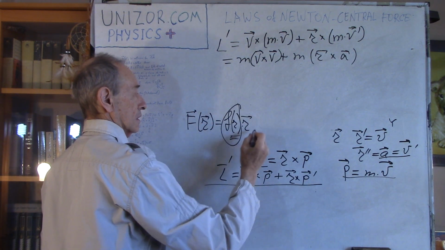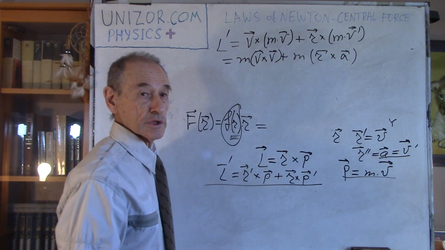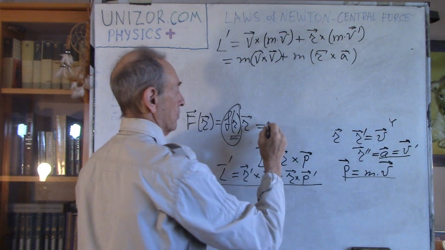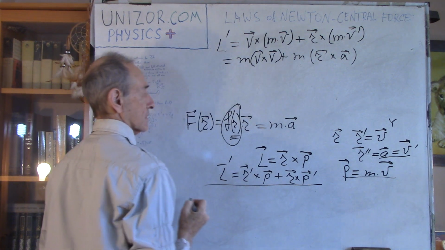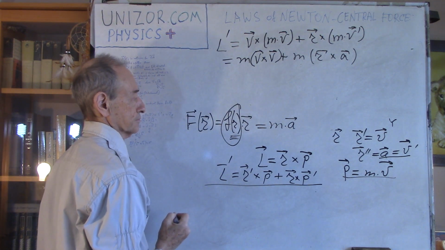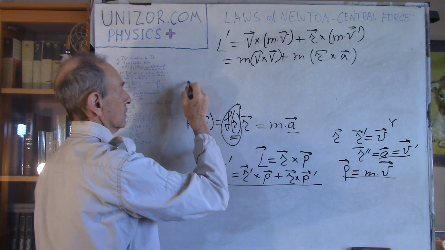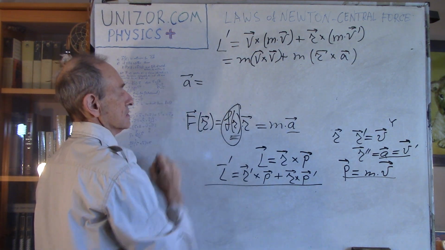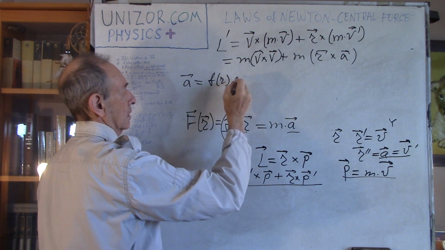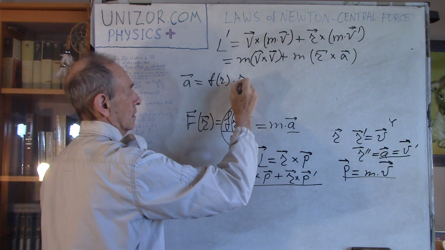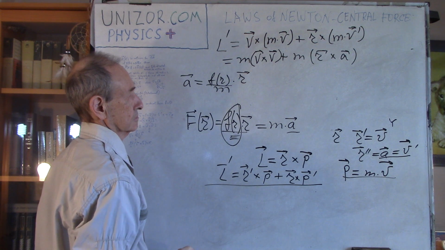Now, let's talk about this. This is equal to, according to Newton's law, mass times acceleration, vector acceleration in this case, right? From which the vector of acceleration is equal to f of r times r, divided by mass.